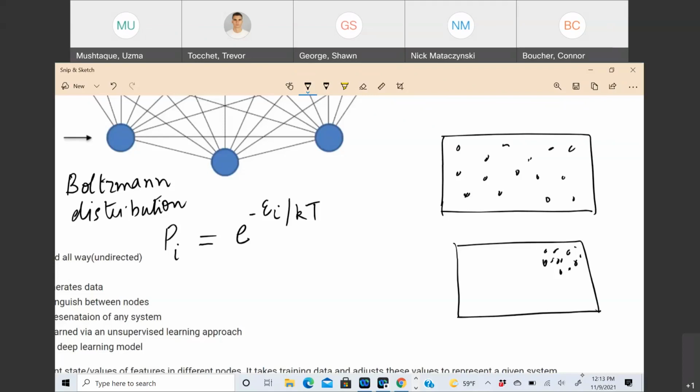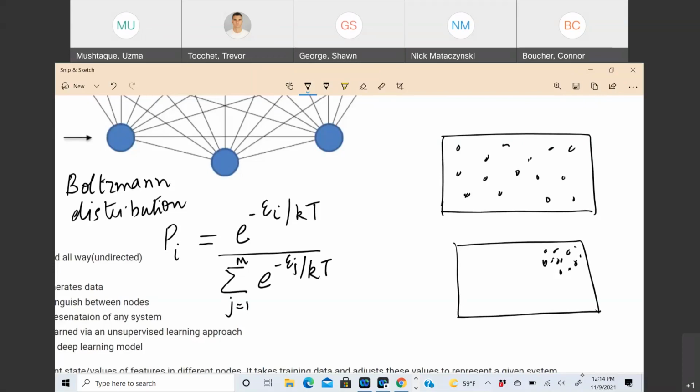That's important for us. And this is divided by the sum over all possible states for this particular system, epsilon j. So k is some constant, T is temperature.